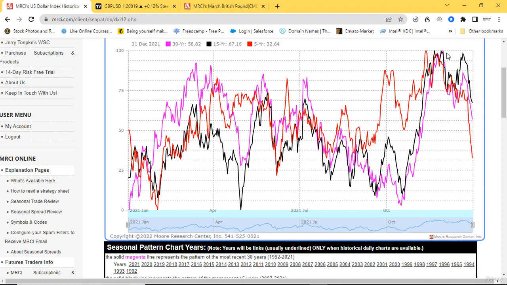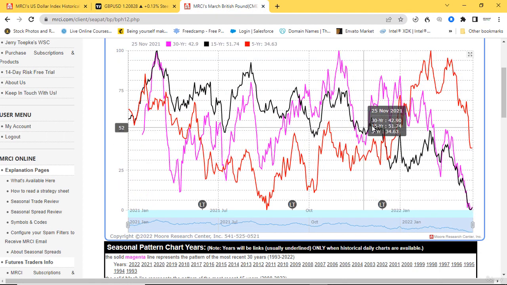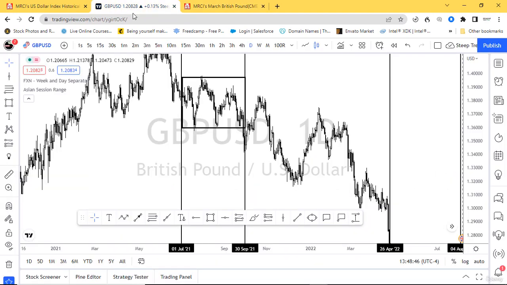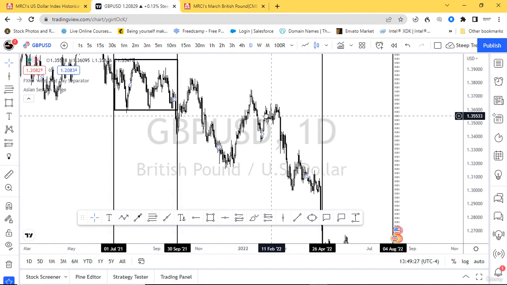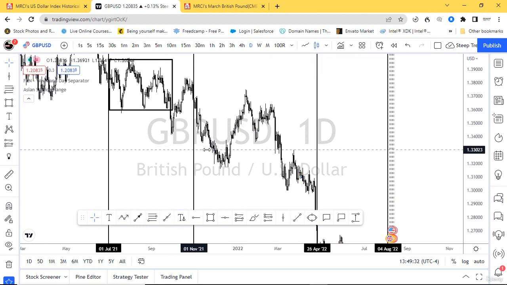That's a clear buying move there, which means the US dollar gets stronger, right? The British pound gets weaker. So now let's move this to December.